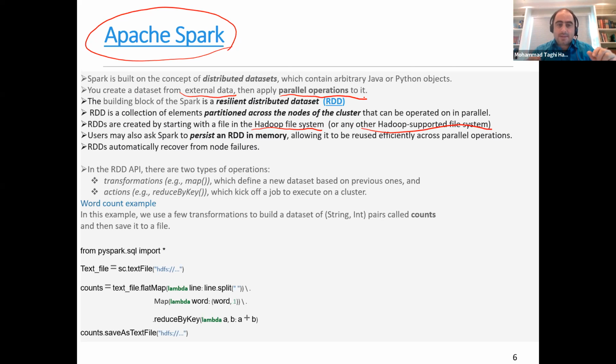The main concept, the building block of Spark, is resilient distributed datasets, or RDDs. So what is an RDD? Essentially, an RDD is the same thing that we discussed. It's a collection of elements that are partitioned across the nodes of the cluster.